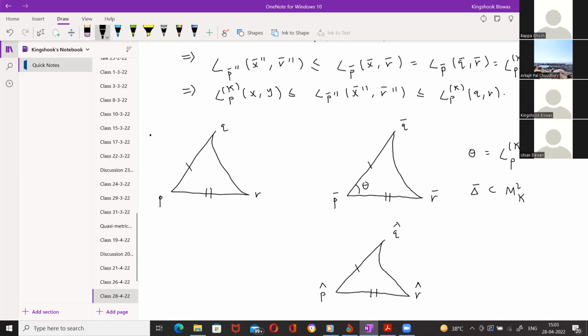Only in this triangle, the angle here is A, which is the angle function. Okay, so A is equal to A of PQ, PR. All right. This is my delta hat in M2 kappa.